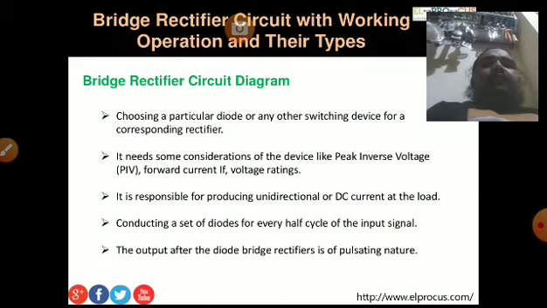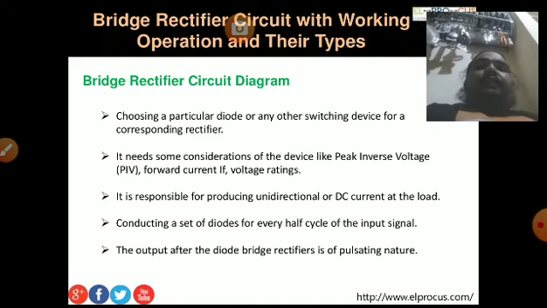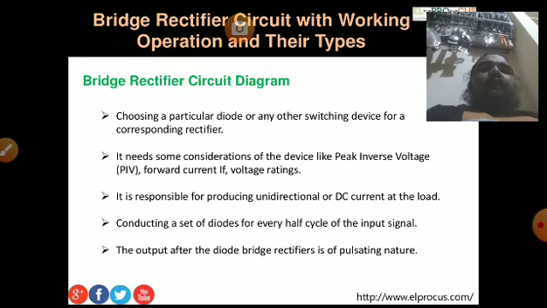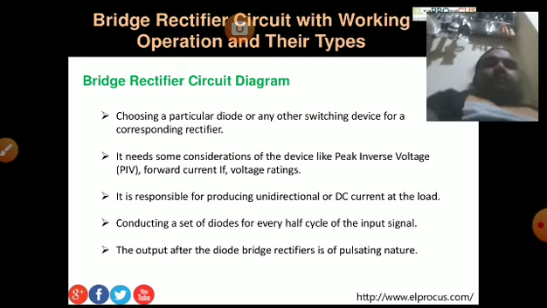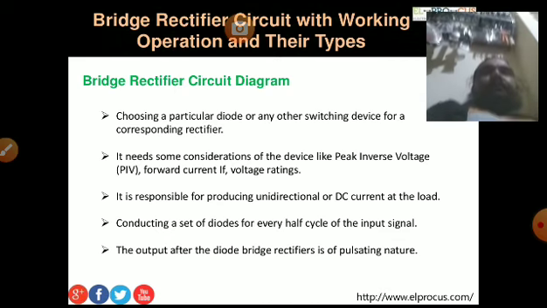An important point in the bridge rectifier diagram is choosing particular diodes or other switching devices for the corresponding rectifier, such as PN junction diodes or silicon controlled rectifiers. It needs some considerations of the device, like peak inverse voltage, forward current and voltage ratings.